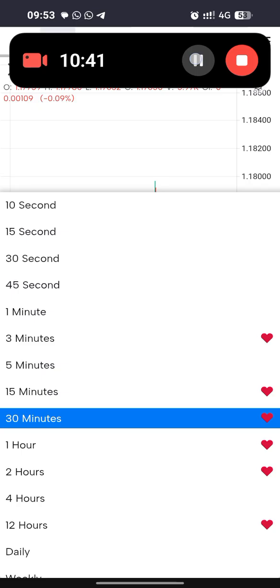So you might end up getting something like this, or you might end up getting something like this, first taking out this high before dropping.